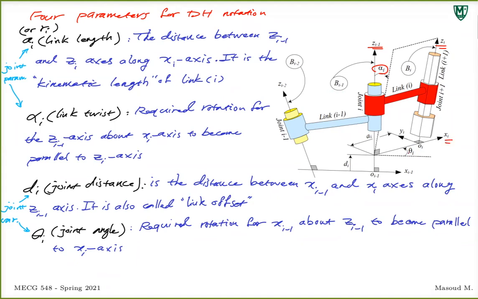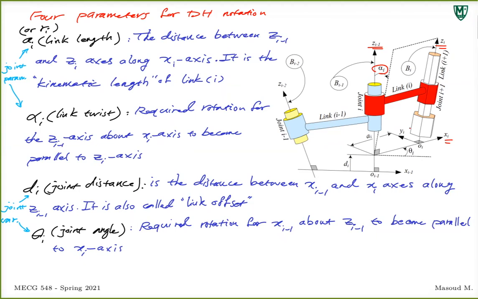x i. Now, with the right-hand rule to get the positive, if alpha i has to go in the opposite direction, it would be negative. What you see in this figure is the positive direction. How do we identify positive using the right-hand rule? Your thumb shows the axis that the rotation is happening about, and then you make a fist.